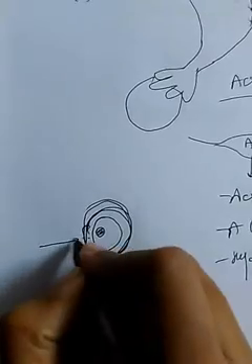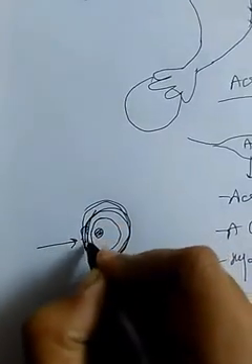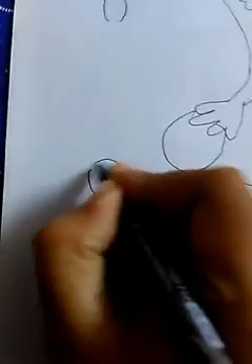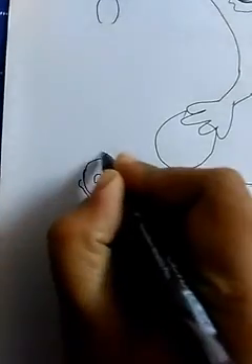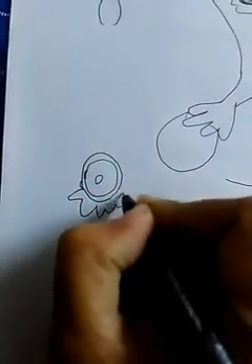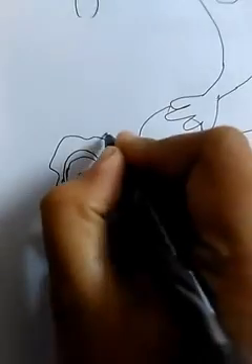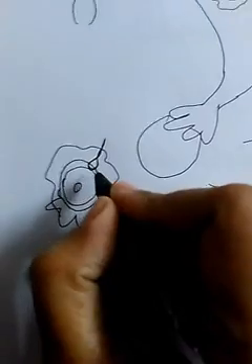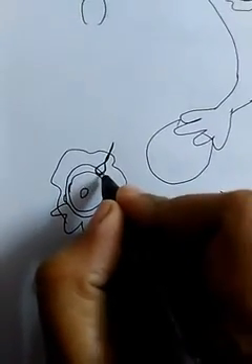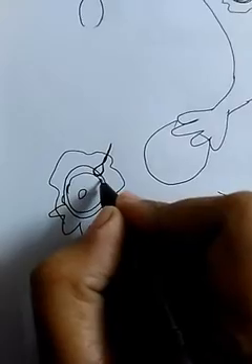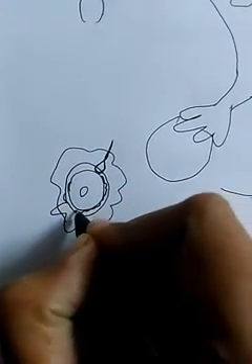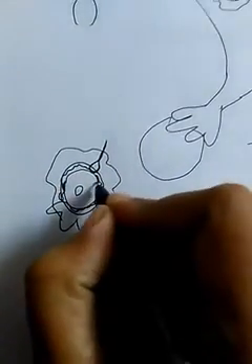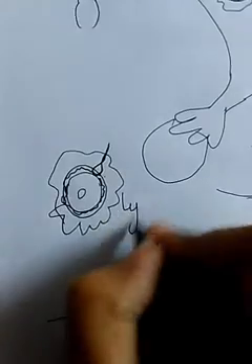When it comes in contact with this, the plasma membrane above the oocyte, supposing this is the ovum, this is the zona pellucida, this is the corona radiata, and the sperm has entered up to here, then immediately after the acrosome reaction, the enzymes over the plasma membrane of this secondary oocyte secrete some lysosomal enzymes.